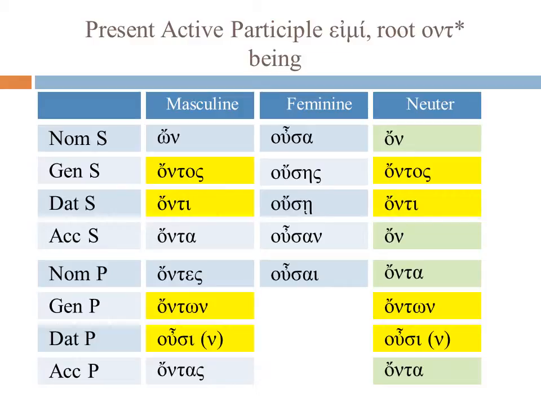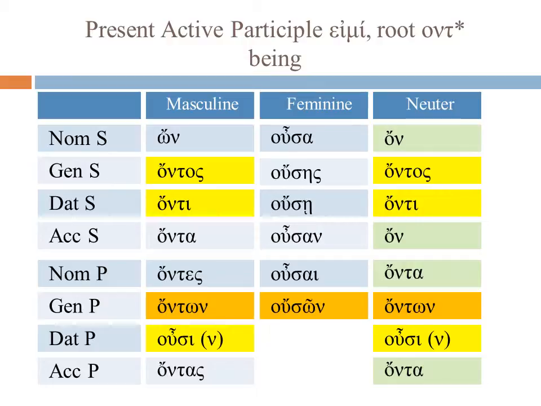Then the nominative plural is ousai, ouson, and this is our gift. Remember that in the genitive plural, the ending is always omega nu, on. However, here's where you can see the difference in the stems.